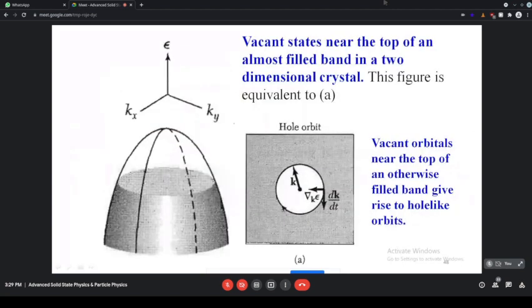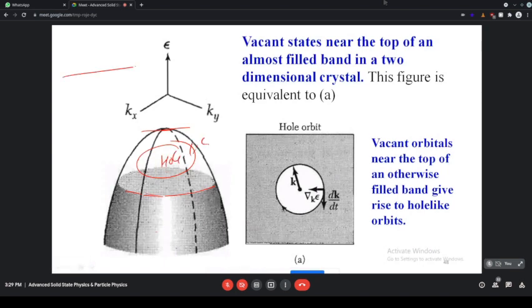Okay, for example, what is the meaning of hole-like behavior? Suppose this is the valence band. Up to this the valence band is filled, and these are the empty energy levels. These are the filled energy levels and these are the empty energy levels. Then this is hole-like behavior.